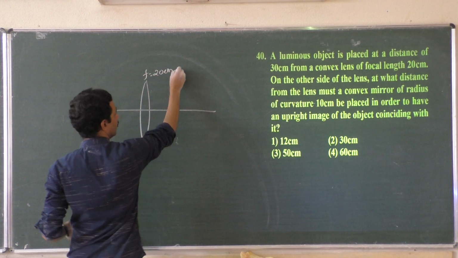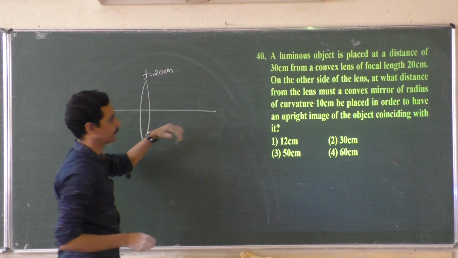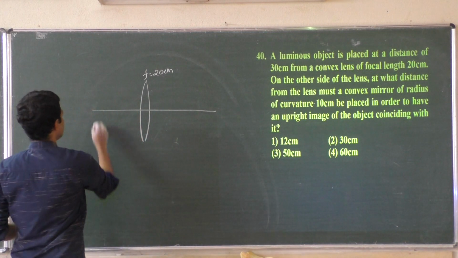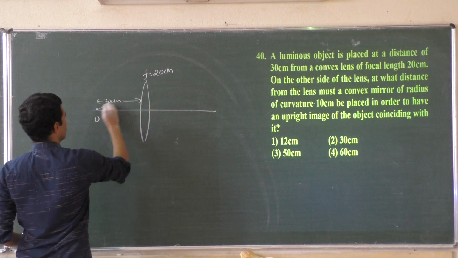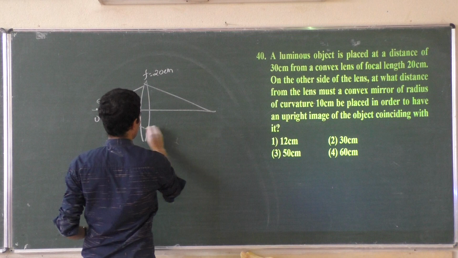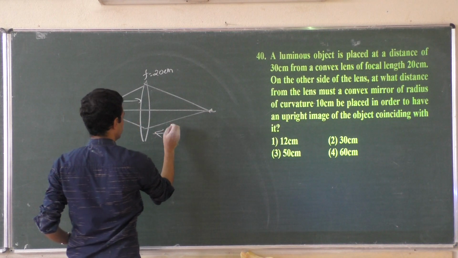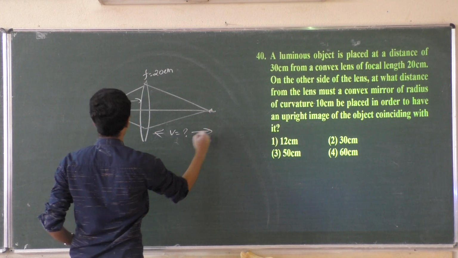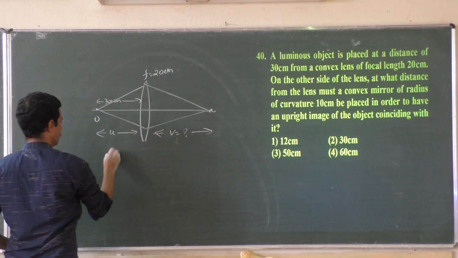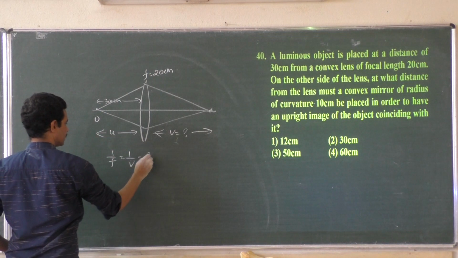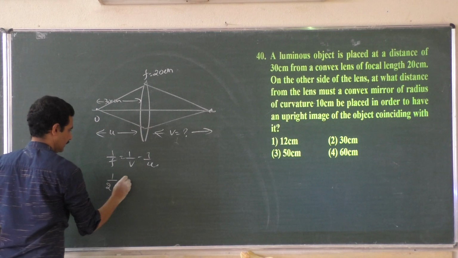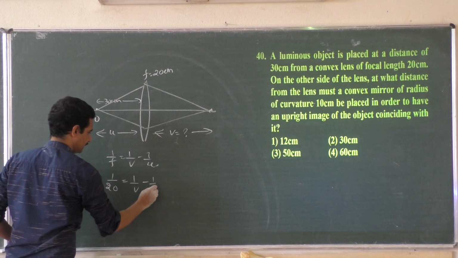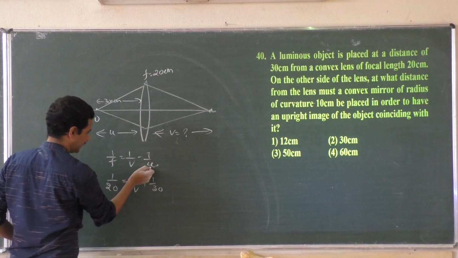Positive focal length, parallel rays meet here. Focal length 20 centimeters. The object is placed 30 centimeters from the lens. Rays will go and meet here and the image is formed. What is the image distance? Object distance is 30. 1 by f is equal to 1 by v minus 1 by u. 1 by 20 is 1 by v minus 1 by minus 30.